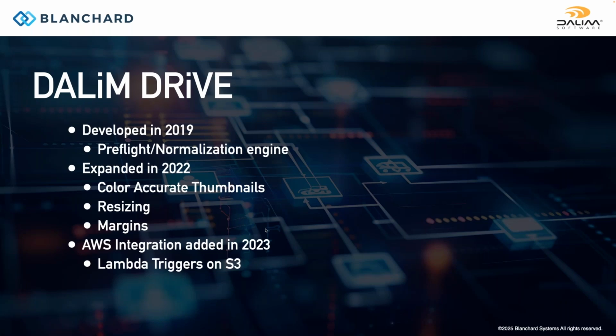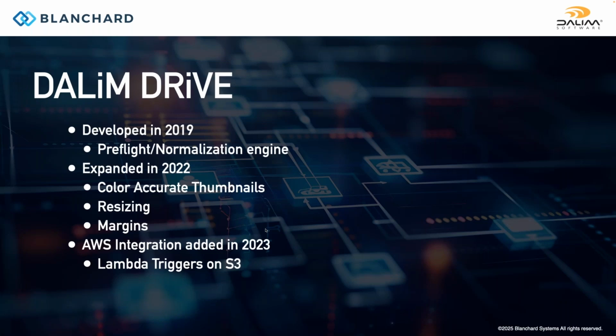It was developed in 2019. Basically it was strictly pre-flight normalization, file in, file out. That's it. It was expanded in 2022, adding color accurate thumbnails, resizing, and dealing with margins on files.